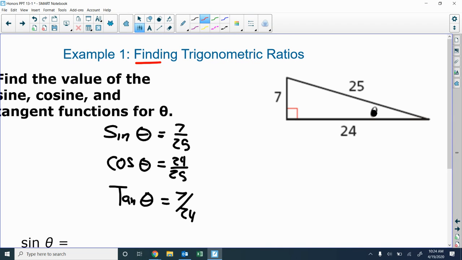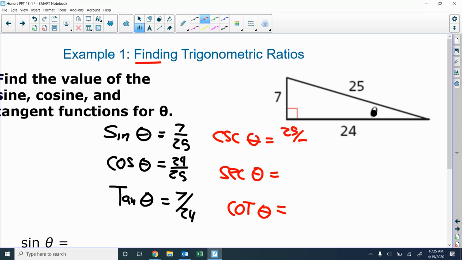Sine, cosine, tangent, cosecant, secant, and cotangent. All we have to do is really just flip those. So it's going to be 25 over 7, 25 over 24, and 24 over 7.